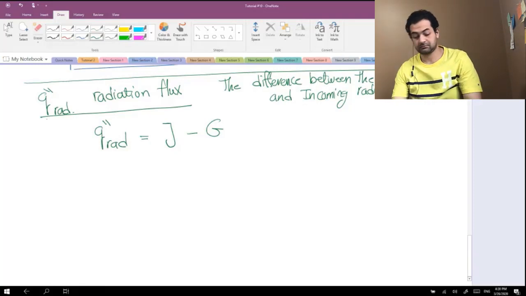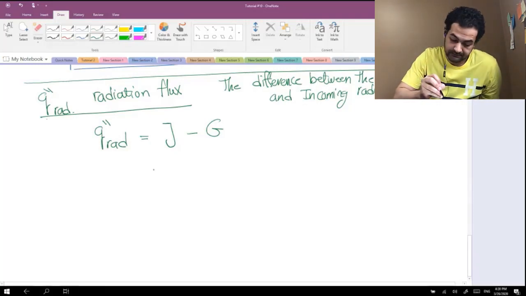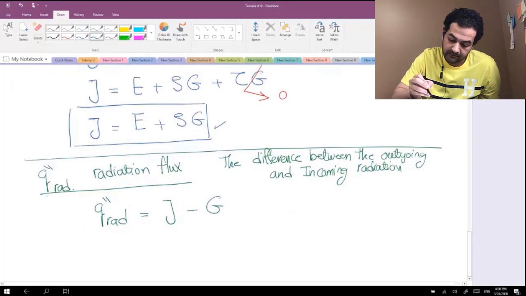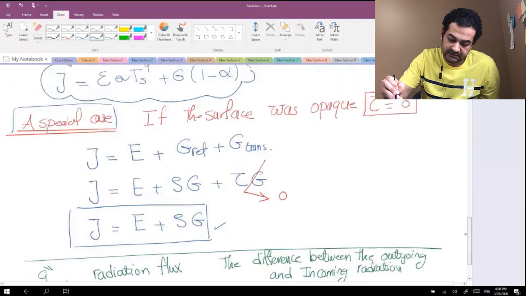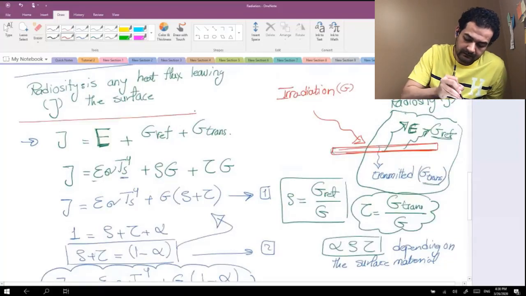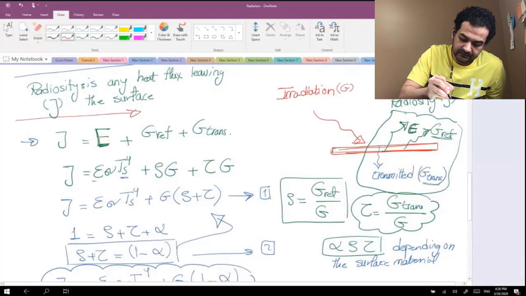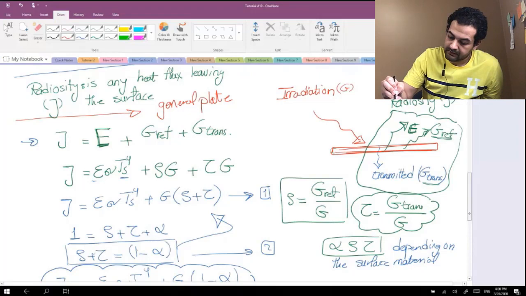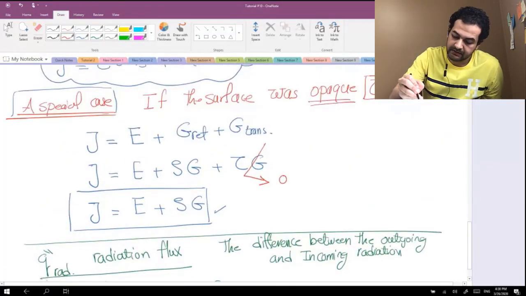So basically, when we apply this, let's say that this is a general plate, and that one was an opaque surface.